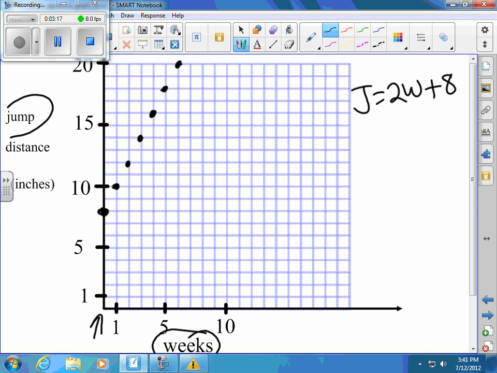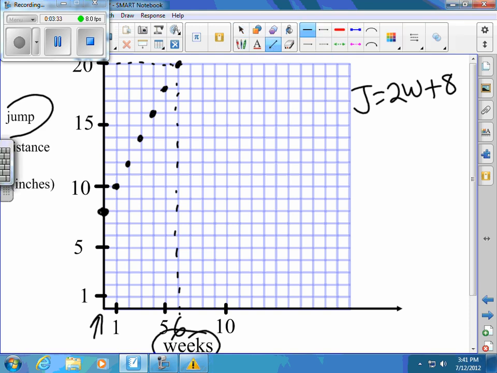So if we wanted to see how long it would take to get 20 inches, that point right there is 6 weeks. If we connect those points with a straight line, it will look like that. So the graph of that equation is a straight line.